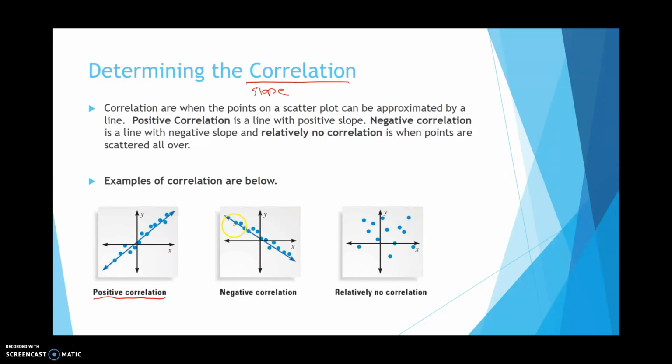Notice my next set of plotted points, they're going down. I have my line of best fit, and this represents negative correlation, like a negative slope. In my last example, my plotted points are scattered all over the place, and that's what we say is relatively no correlation.